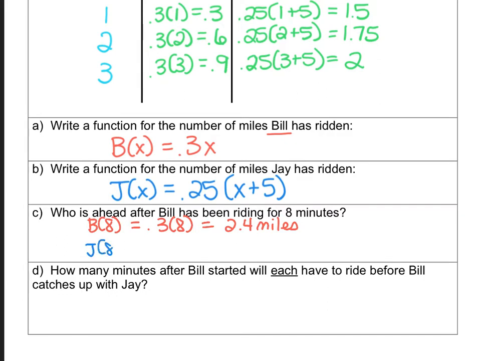And then j of 8 for Jay. So 8 minutes for Bill means 13 minutes for Jay, and he has ridden 3.25 miles. So when they've been riding for 8 minutes, we can clearly see that Jay is still ahead.